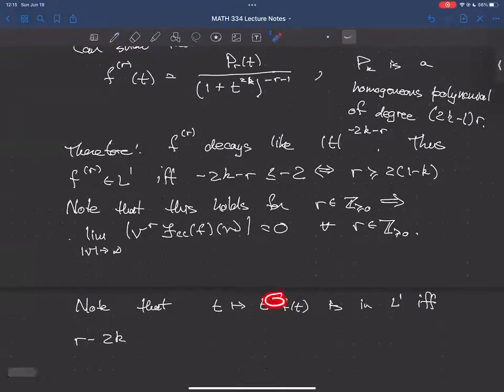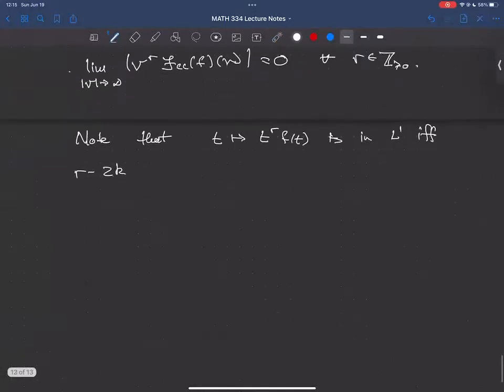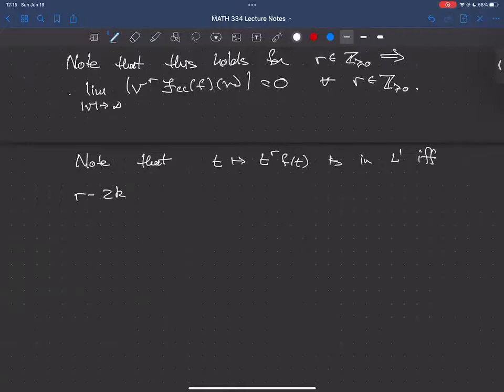So r comes from here, and 2k comes from here. And the rate of decay of this has to be at least 1 over t squared. So this should be less than or equal to minus 2. And so this implies that r has to be less than or equal to 2k minus 1. All right.